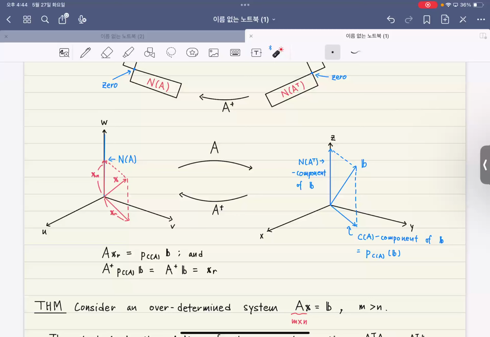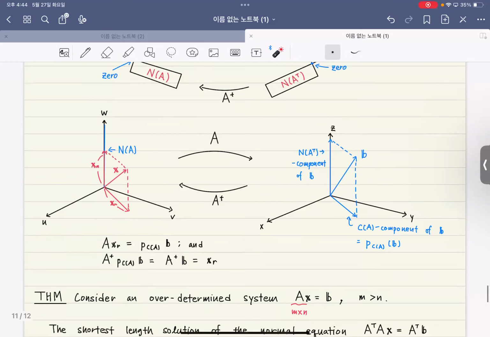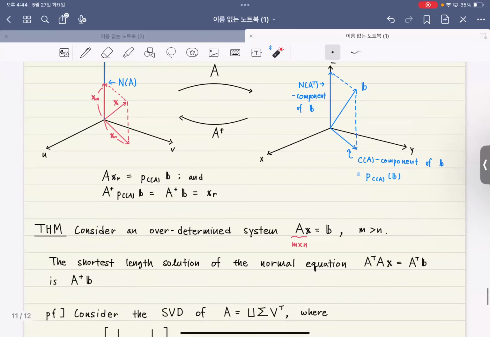So this guy is being mapped to here. So A plus times B is precisely the shortest length solution that we are looking for. Agreed? So consider the overdetermined system; the shortest length solution of the normal equation is A plus B.